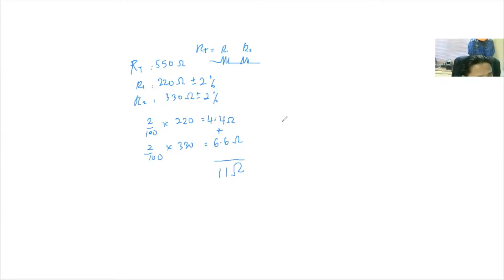From this 11 ohms we can calculate the absolute error and the percentage of error. For example, 11 over 550 ohms, multiplied by 100 for percentage, so we get plus minus 2%.